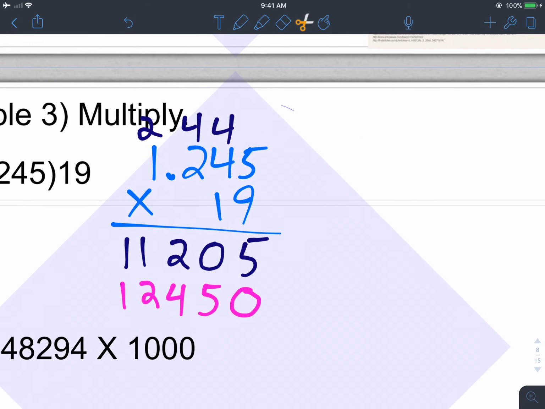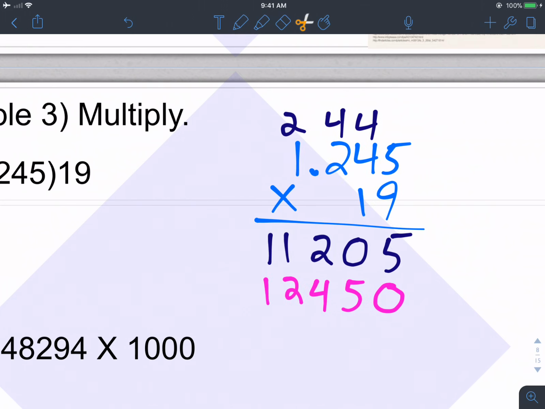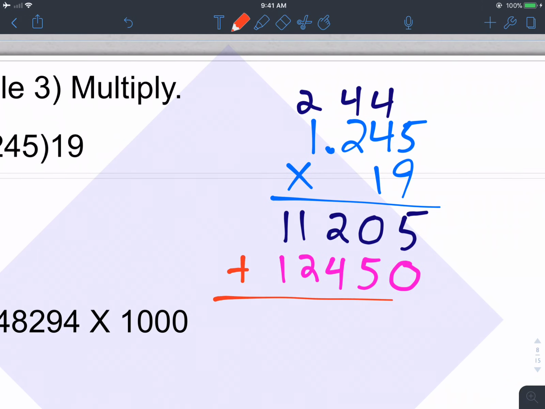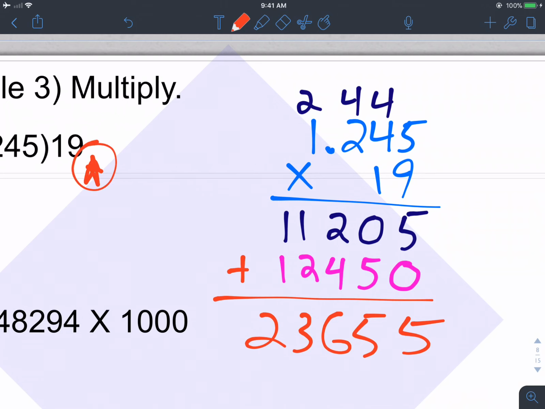So now I'll add. 6. 1 plus 2 is 3, 2. All right.